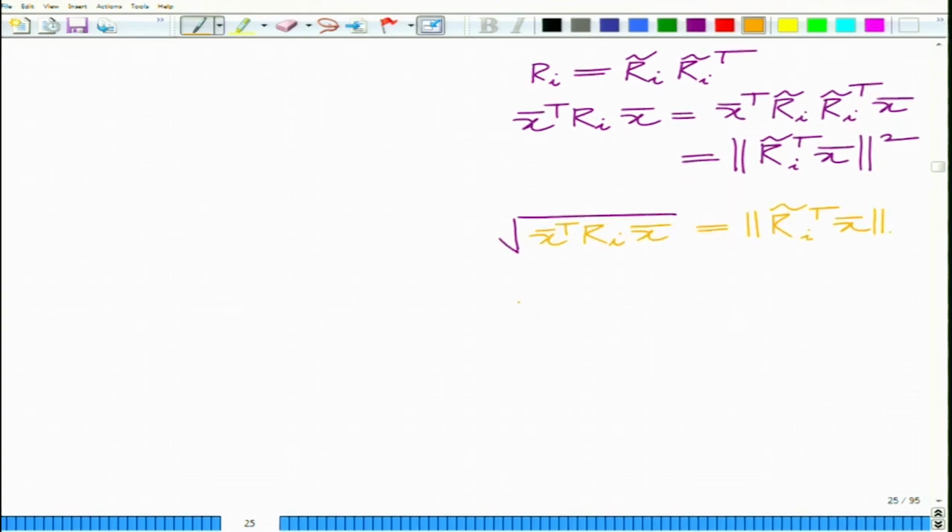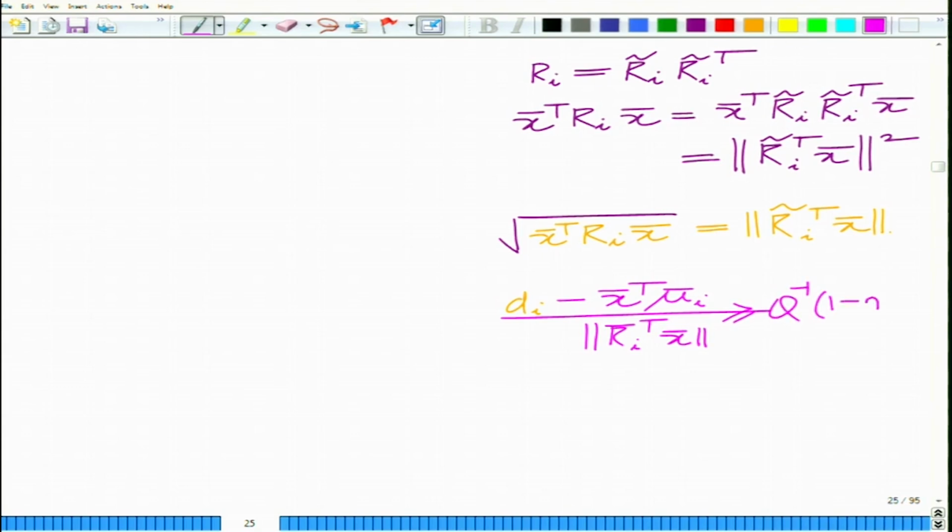And therefore the condition above implies that (d_i minus x bar transpose mu bar_i) over the square root of x bar transpose R_i x bar, which is nothing but the norm of R_i tilde x bar, is greater than or equal to Q inverse of 1 minus eta, which basically implies that, again, Q inverse of 1 minus eta is positive.